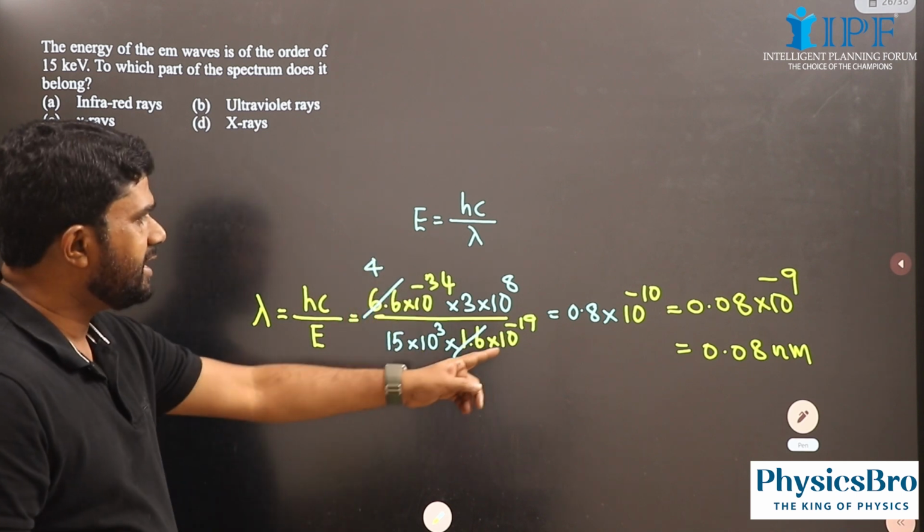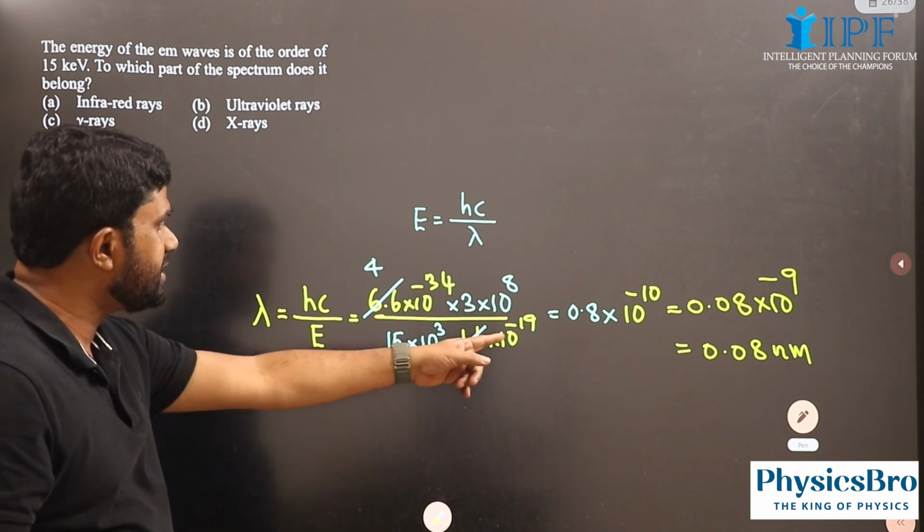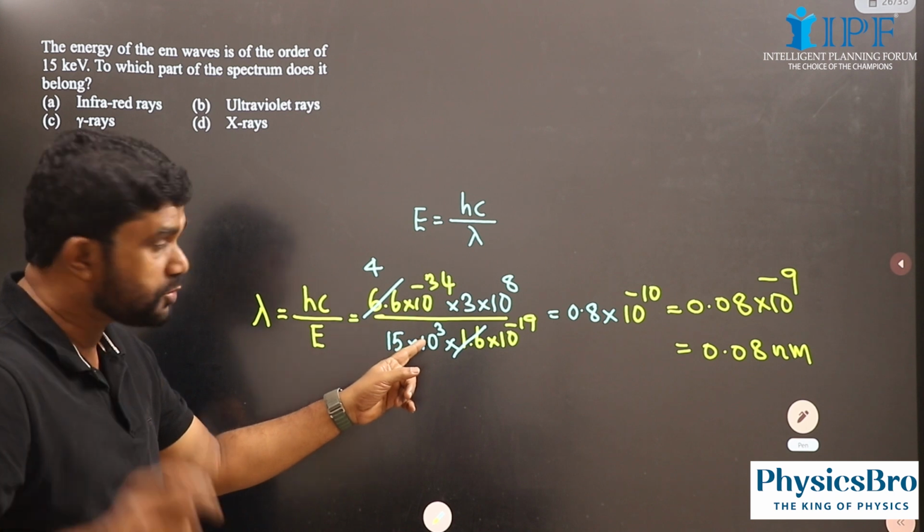Then 10 raised to minus 19 and 10 raised to 3, that is 10 raised to minus 16.